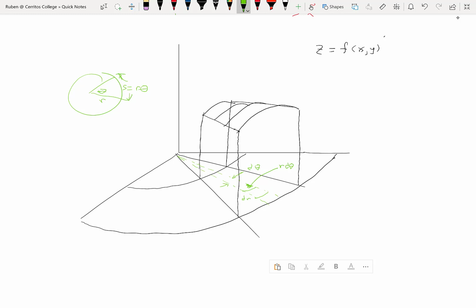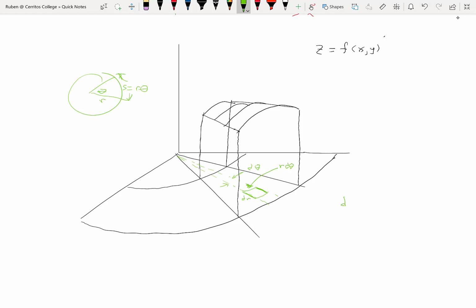And d theta is also so small that the polar line segments are approximately parallel. So this is approximately a little rectangle, and the area of a rectangle is length times width.